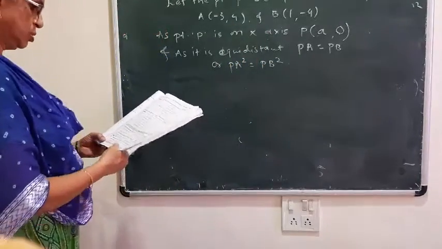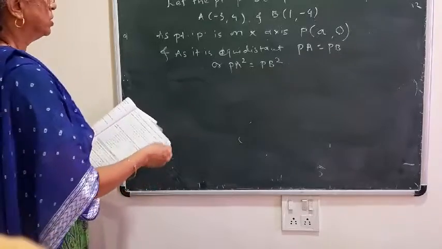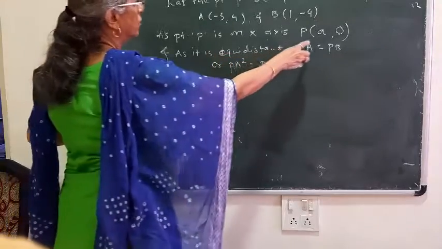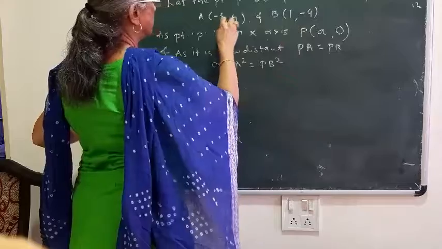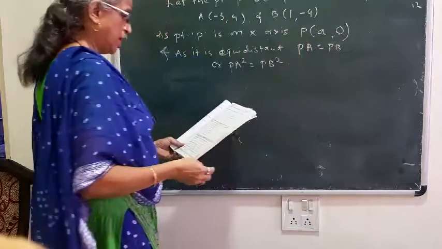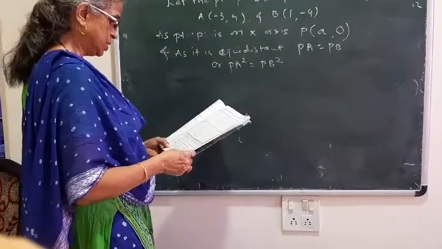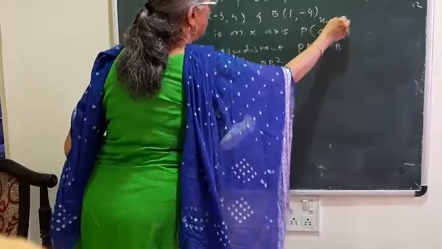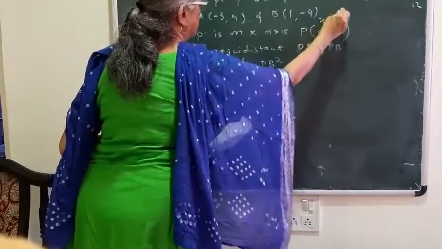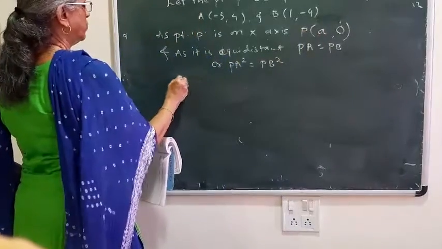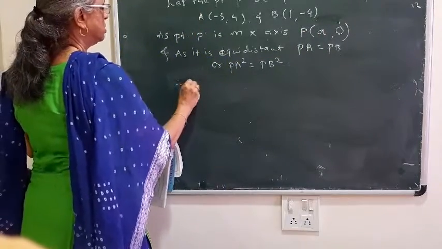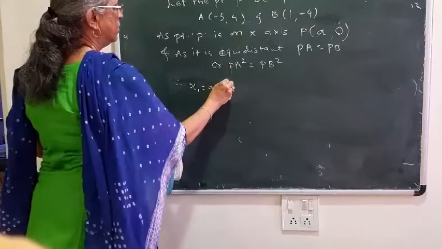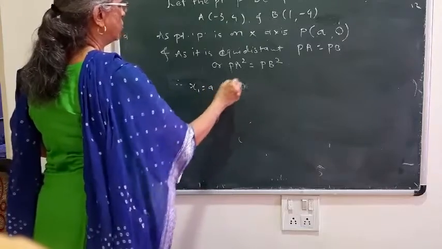Followed? So when we are going to write out PA square, we are going to consider this as x1 y1, x2 y2, and then we are going to consider this a, 0 as x1 y1. So I will write here, therefore x1 is equal to a, y1 is equal to 0.